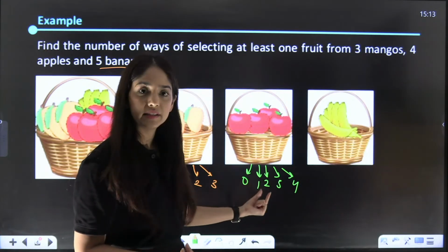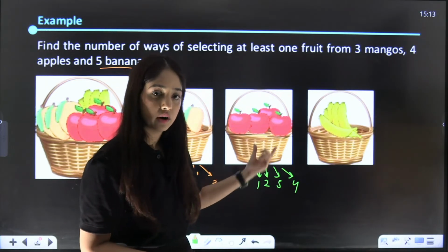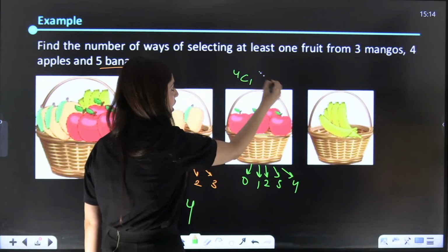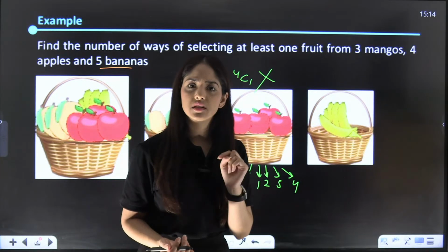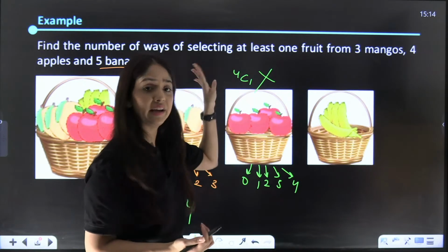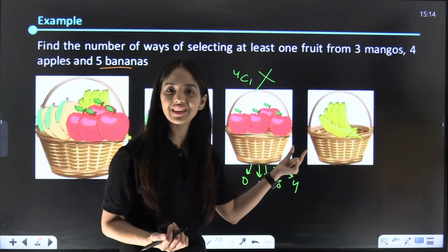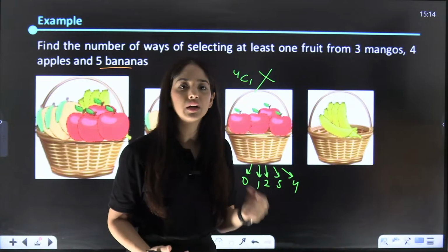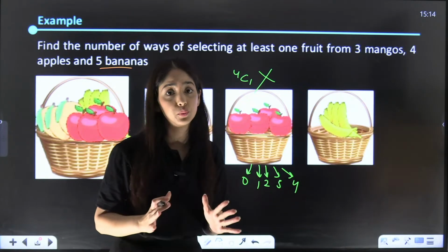When we are choosing 1 apple out of those 4, it's not going to be 4C1. Why? Because all 4 are identical. It is 1 case. We don't have to count 4 cases, where we choose the first apple or the second or the third or the fourth. No, because they're all identical, we're counting that as 1 case. So be very careful with that.